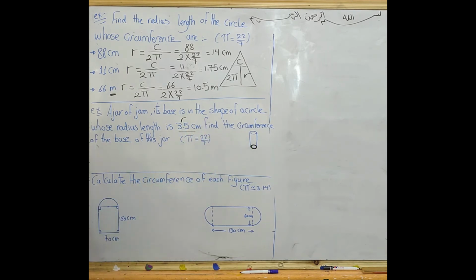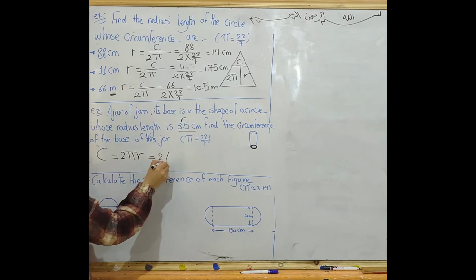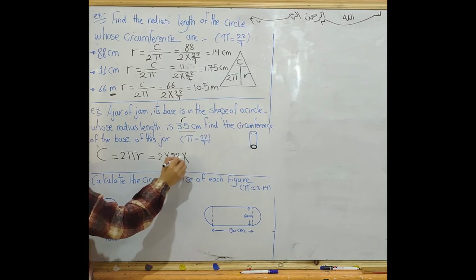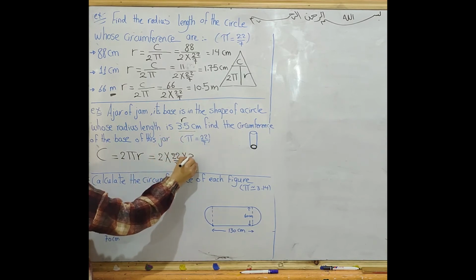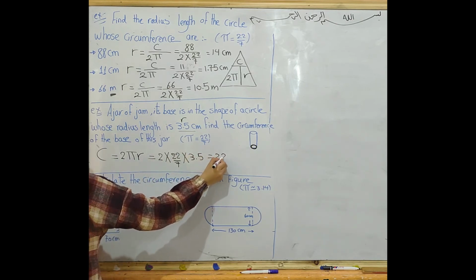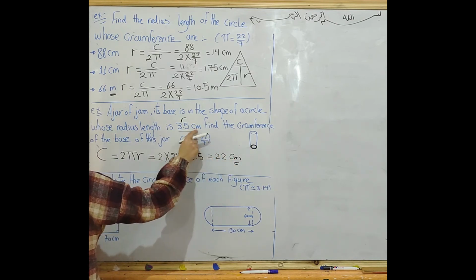The base is a circle, so we write the rule: circumference of the circle equals 2 multiplied by pi multiplied by r, equals 2 multiplied by 22/7 multiplied by the radius 3.5, equal to 22 centimeters.